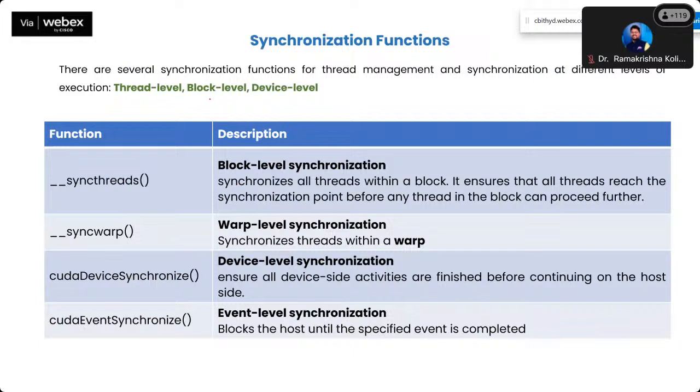Next one is the synchronization function. Because we are going to launch a number of threads in parallel programming, synchronization is very much required to manage the threads. These synchronization functions basically provide synchronization at three different levels: thread level, block level, and device level.